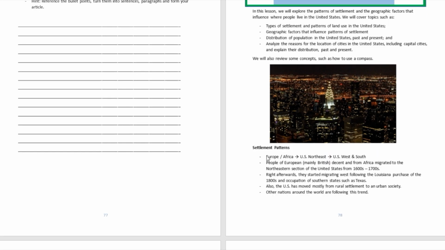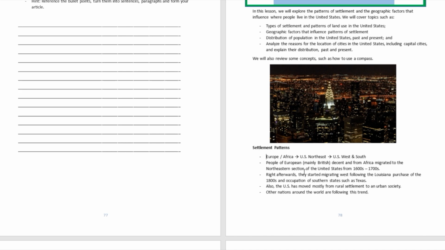Look at this little depiction over here. Predominantly, the way people migrated over to the United States, for the most part, was from Europe and Africa to the northeast, and then they started expanding to the west and to the south. That's the long and short of it.